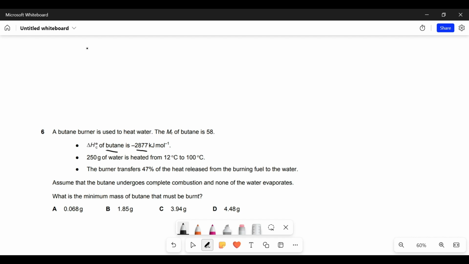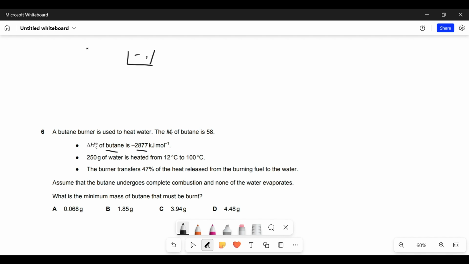Second statement is 250 grams of water is heated from 12 degrees Celsius to 100 degrees Celsius. If I want to draw the setup, we have taken 250 grams of water. Let me draw the setup.